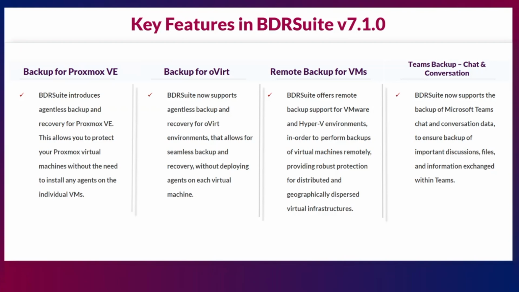BDRSuite already supports the backup for Hyper-V and KVM. Now, in addition to that, we have brought in agentless virtual machine backup for Proxmox as well as oVirt. So these are the two hypervisors that we support in our latest release of version 7.1 based on the market trend.